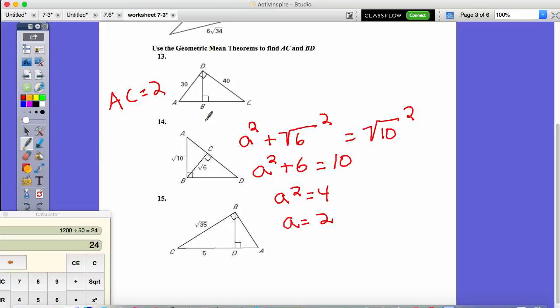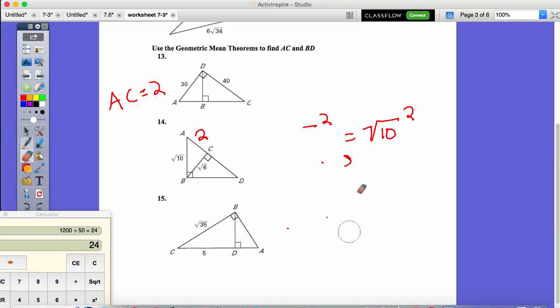Now, the next part of this. In the worksheet, I went ahead and next found this part CD, but I thought I was finding BD. There are a few different ways I can do this.